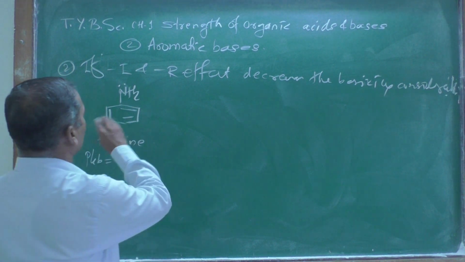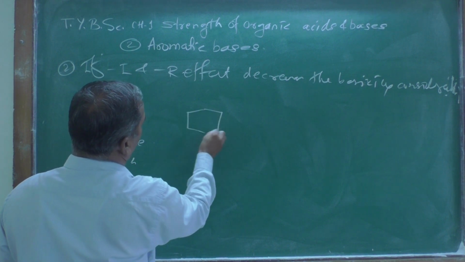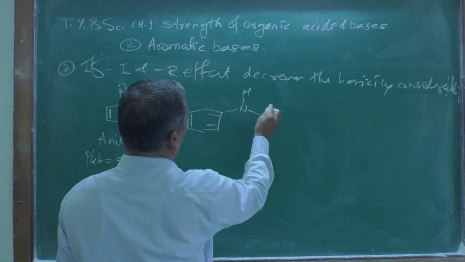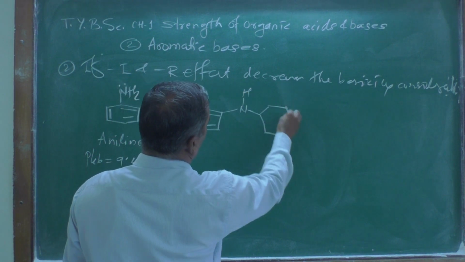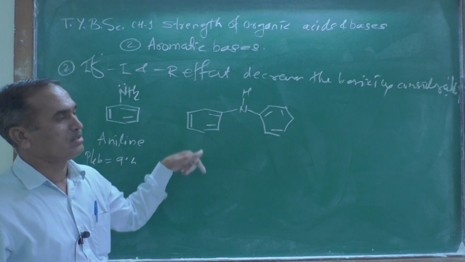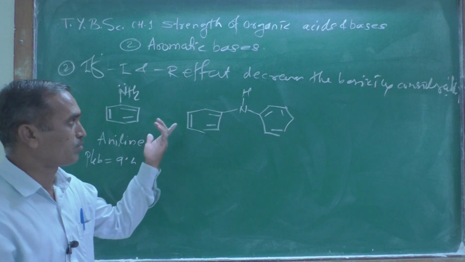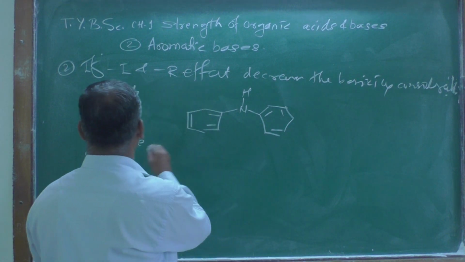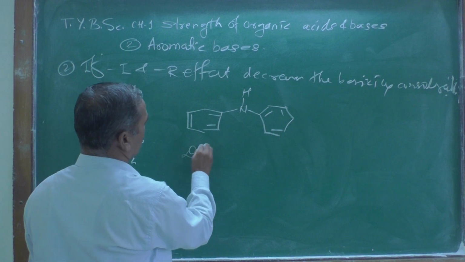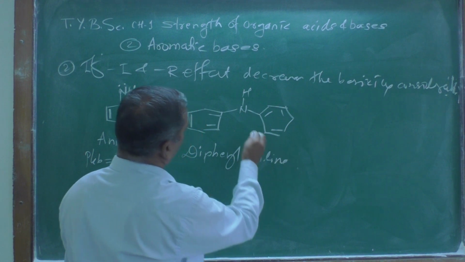And now suppose this hydrogen atom gets replaced by another phenyl group. I am trying to write here N, then H, another structure of benzene. What I am doing here is replacing on the nitrogen atom by an electron withdrawing group like benzene. So this is aniline, this one is diphenyl aniline, we can call it. What is happening here?